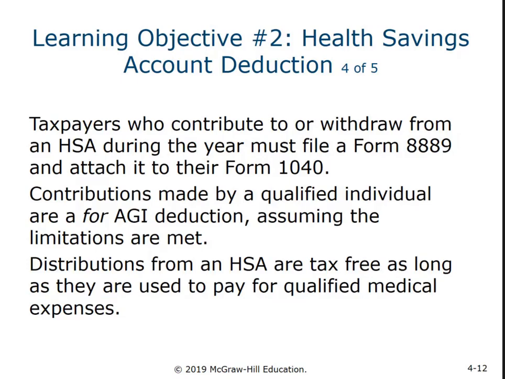The information about how much you put in or withdraw goes on Form 8889, and that is filed with your 1040. So as long as you fit all of that, you get this upfront deduction, and then when you take money out, it is tax free. It doesn't count as income. You still report it on this 8889, but you report that you spent it on health costs, and then it's not actually included in your income.